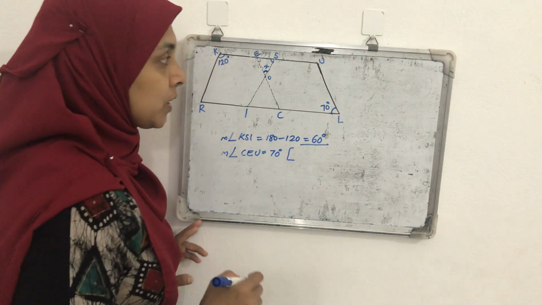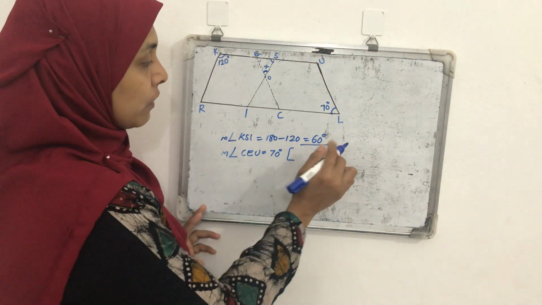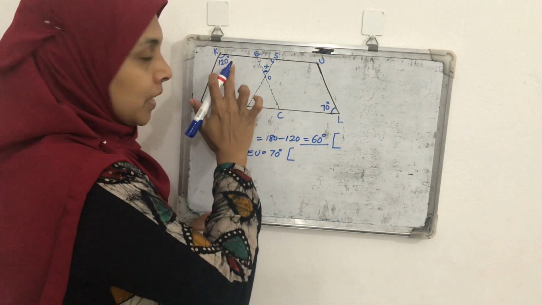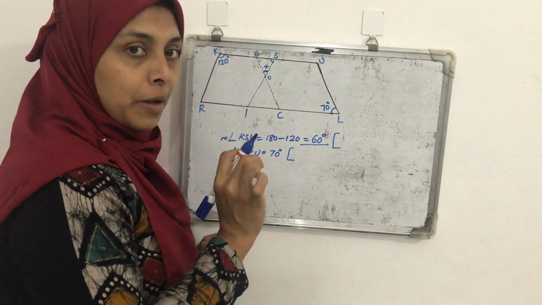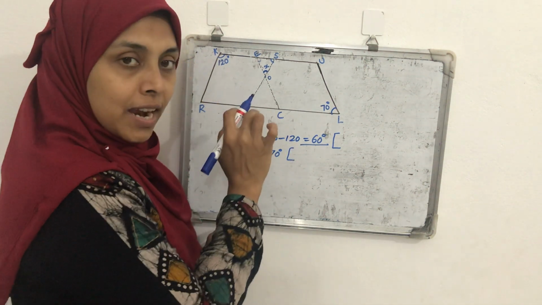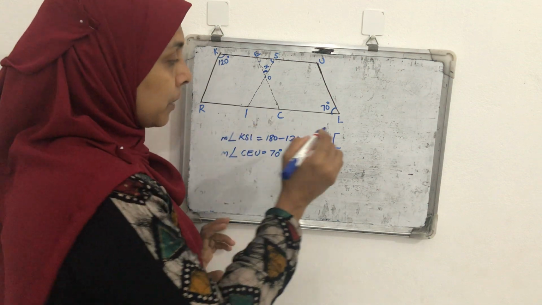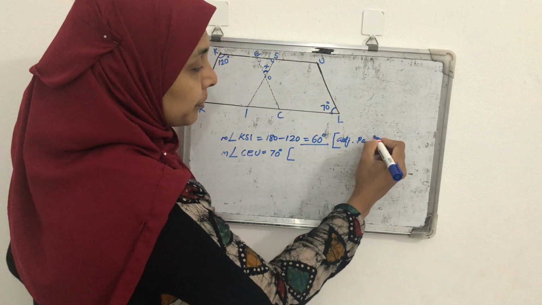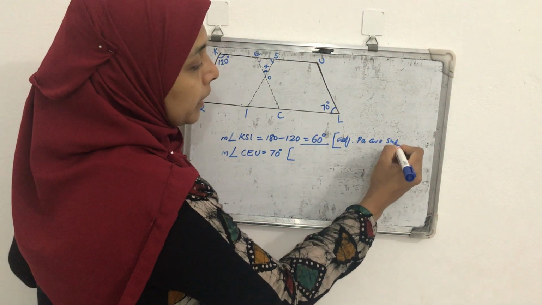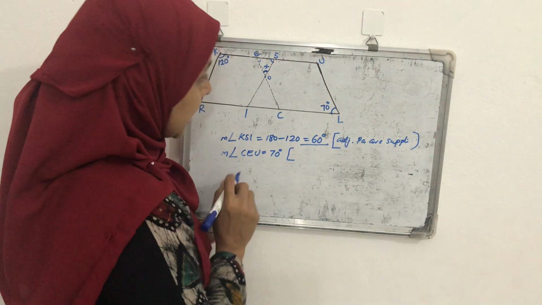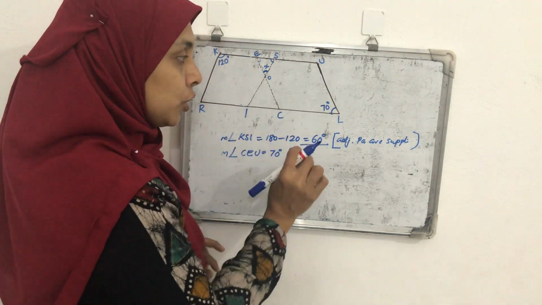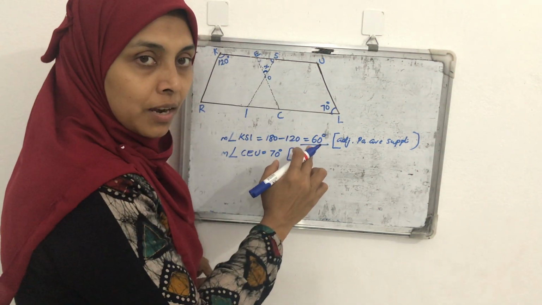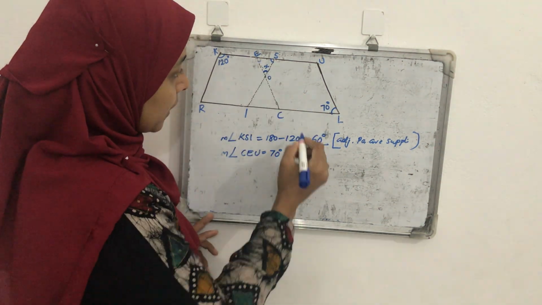What is the property used there? That you want to mention. Here also you want to mention how we found this angle as 60 degrees in the first case. Here we use the property of parallelograms that adjacent angles of a parallelogram are supplementary. You can write that adjacent angles of a parallelogram are supplementary. Just like in the second case, here we use the property that opposite angles of a parallelogram are equal.